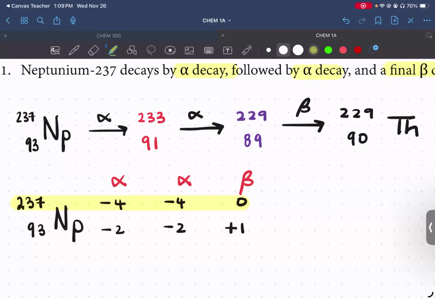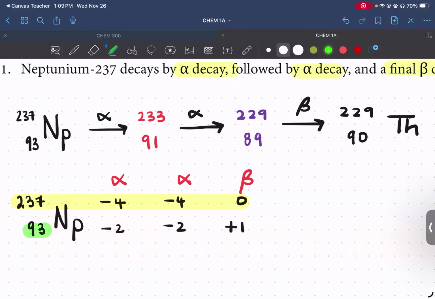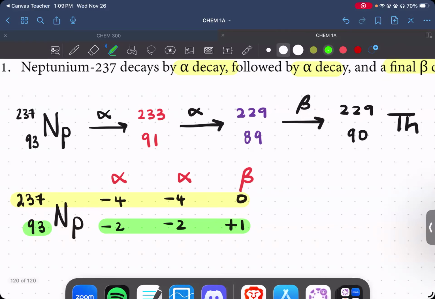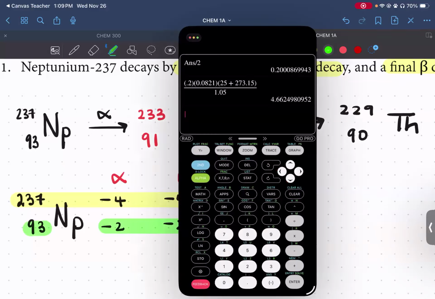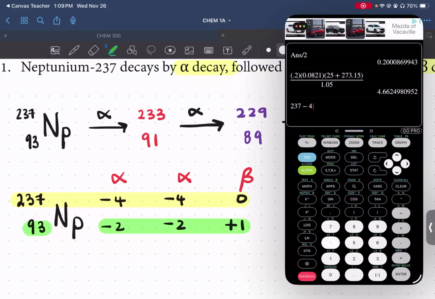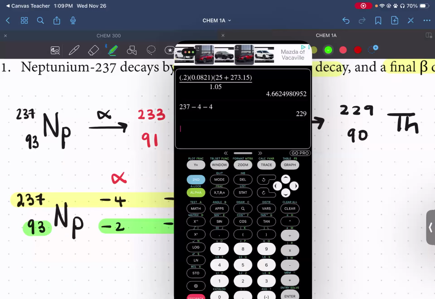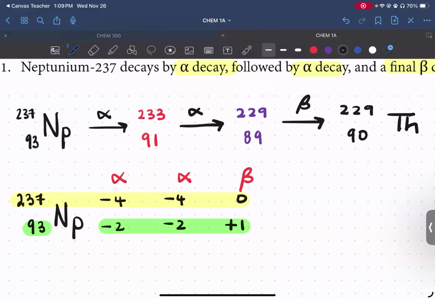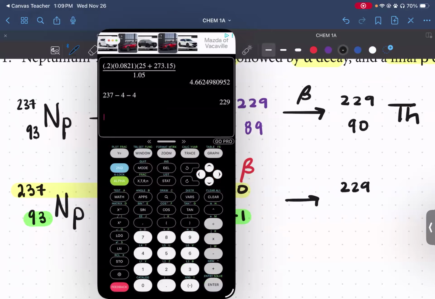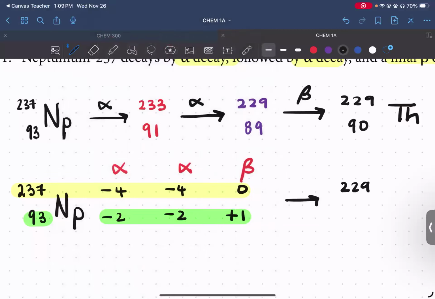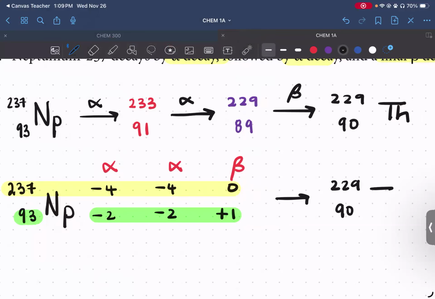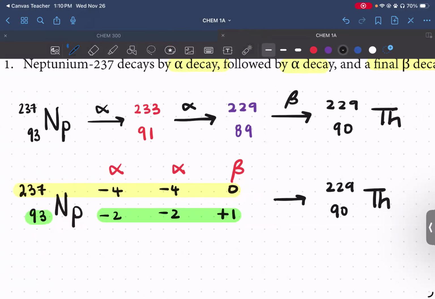And we simply add those numbers together. In other words, get out that calculator. 237 - 4 - 4, okay, 229. Bottom number, 93 - 2 - 2 + 1, 90. Where the same conclusion is reached. Thorium.